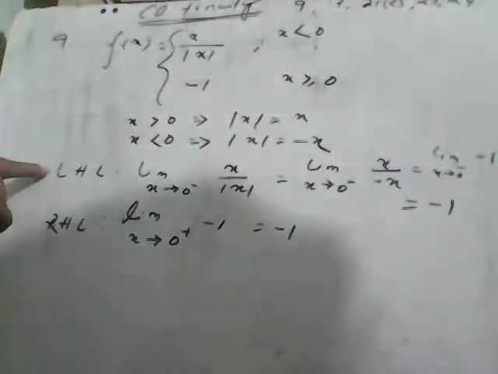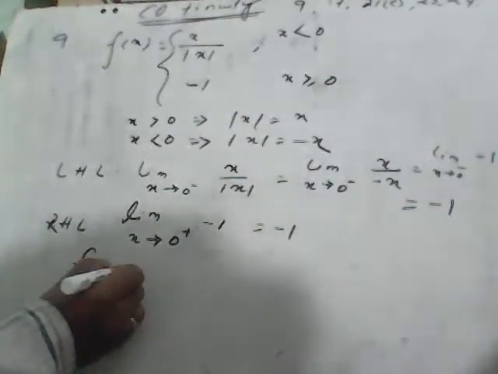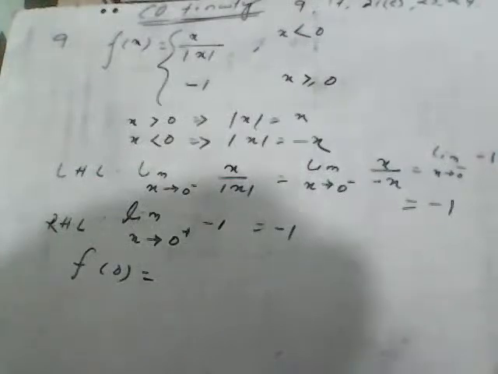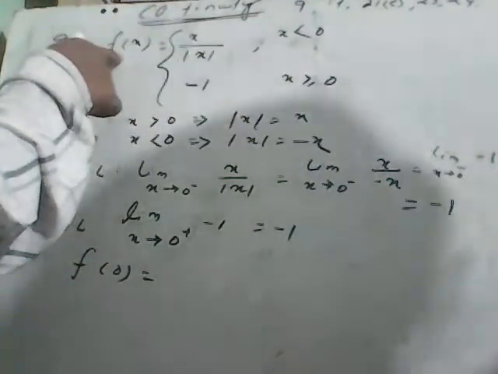Now left hand limit and right hand limit are both equal, minus 1 and minus 1. So limit exists and limit is equal to minus 1. Then calculate f of 0. When x is equal to 0, f(x) is minus 1. So this result is minus 1.